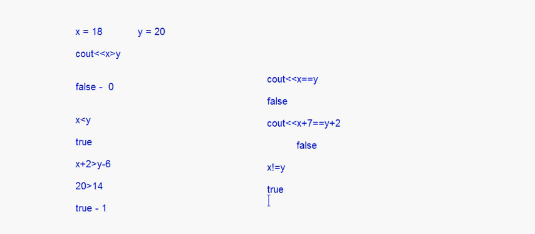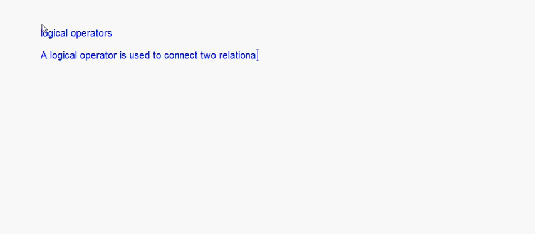So when we do proper questions and we learn the other things, then we will use the relational operators along with the other operators. Now let's understand what are logical operators. A logical operator is used to connect two relational operators, or I'll say two relational expressions or logical expressions.